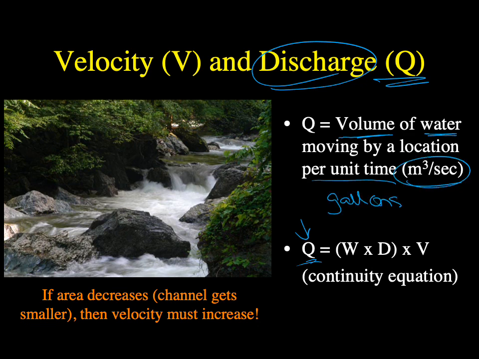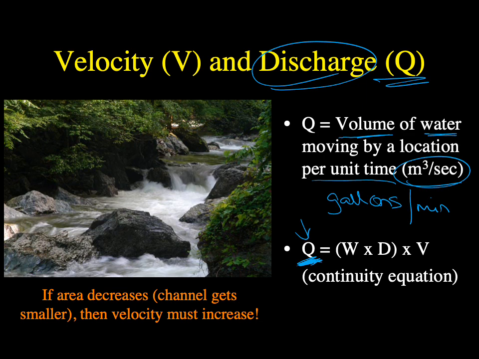If you're a homeowner, you're going to get something like gallons per minute reported to you if you have a well. Okay, so that's important. That is the volume of water moving by a location per some unit. Gallons per minute, cubic meters per second, milliliters per hour, something like that. So this Q is discharge.